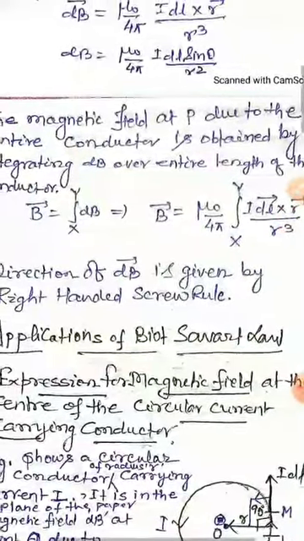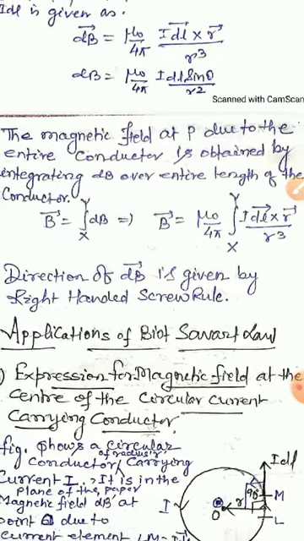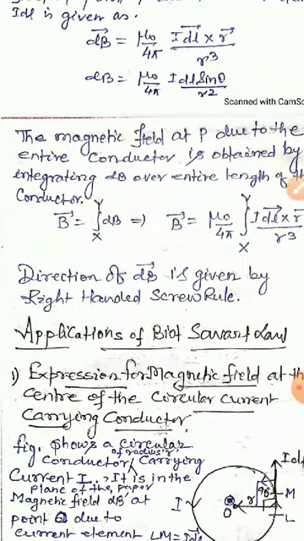So magnetic field at P due to the entire conductor is obtained by integrating dB over the entire length. So in this way, Biot and Savart law is used to find out the magnetic field at a point due to any arbitrary shaped current carrying conductor.